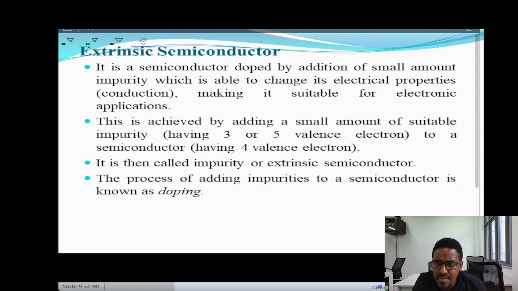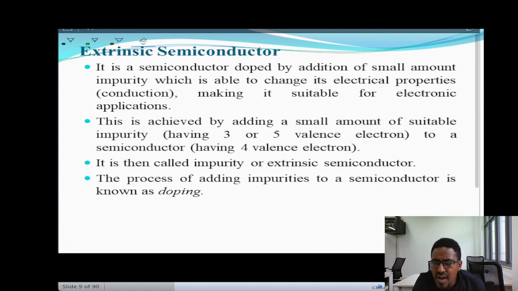This is achieved by adding a small amount of suitable impurity, having 3 valence electrons or 5 valence electrons, to a pure semiconductor having 4 valence electrons. It is then called an impurity or extrinsic semiconductor.